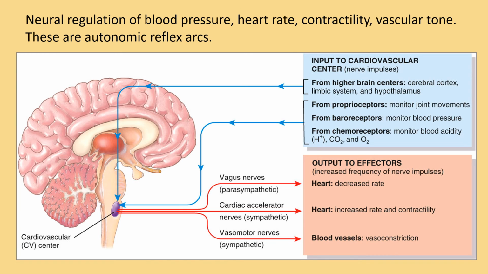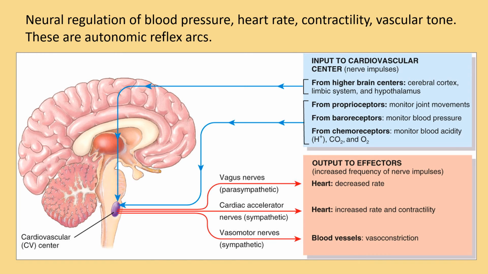Proprioceptors. As your body begins to move, particularly at the onset, the very beginning of physical activity, the information about that movement in your muscles and your joints gets transmitted to your cardiovascular center. So your cardiovascular center sort of gets a tip off, oh, hey, she's moving. We're going to need to increase heart rate in just a moment.